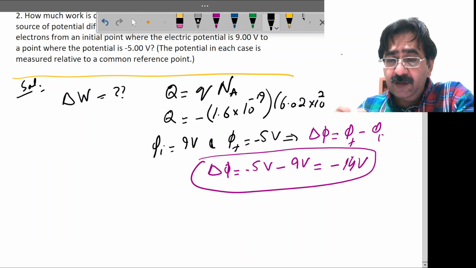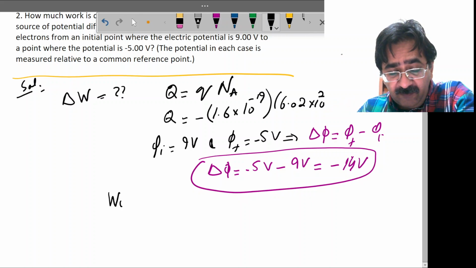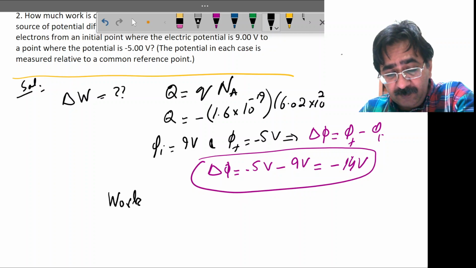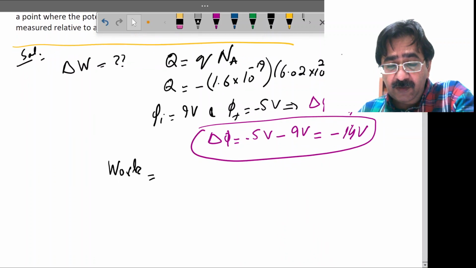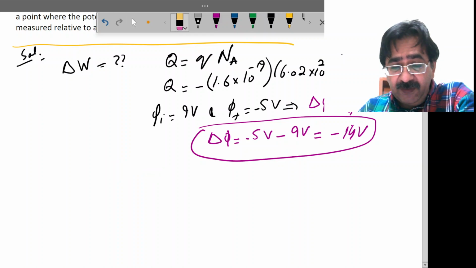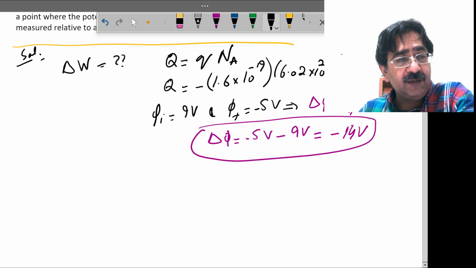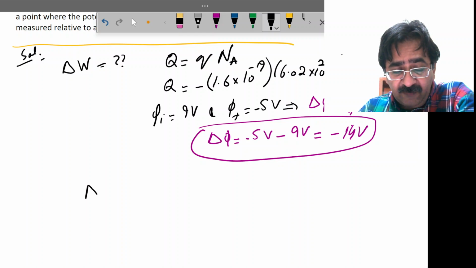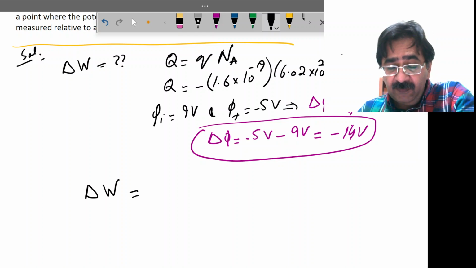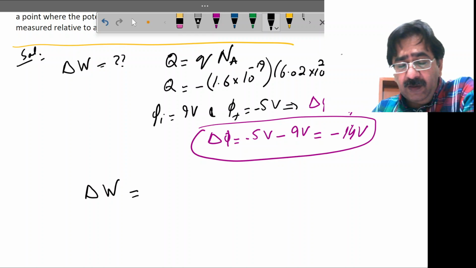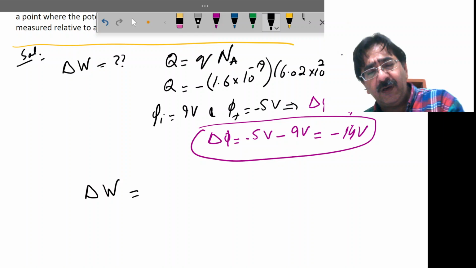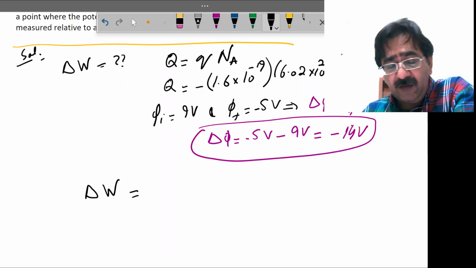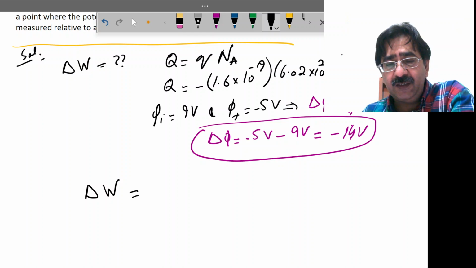So what will be the work? As we know, work is always stored in the form of potential energy, that is, equal to the negative of potential energy.